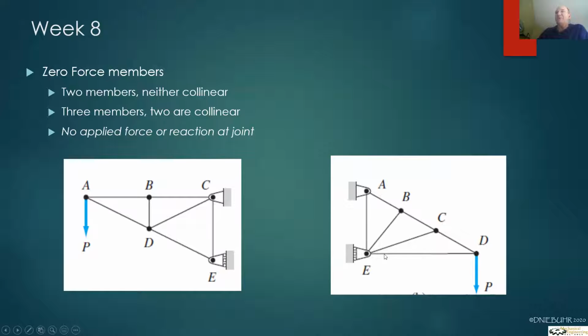Don't be confused if one side doesn't meet the criteria but the other side does, because both sides have to. Obviously at E, there are four members and a reaction, so you couldn't garner any information from that, but you can from the other side. Any questions on zero force?